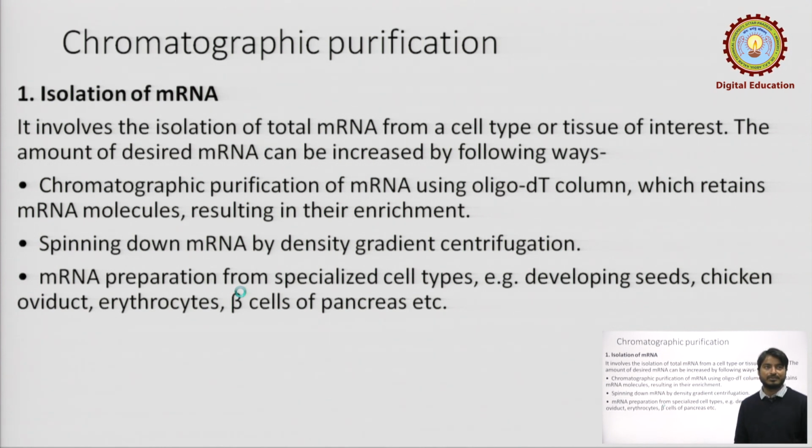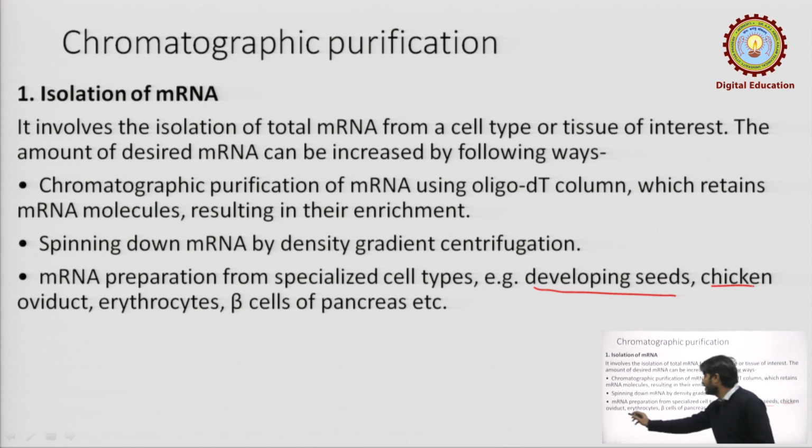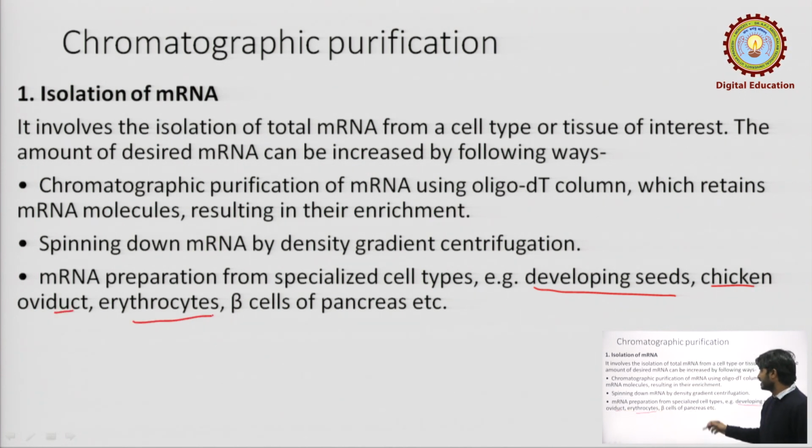First, chromatographic purification of messenger RNA utilizing oligo T, which retains the messenger RNA molecules, resulting in enrichment of the messenger RNA. Second is spinning down the messenger RNA by density gradient centrifugation. Next is messenger RNA preparation from specialized cells like developing seed, chicken oviduct, erythrocytes, and B cells of the pancreas, because these are rich in protein, and what makes protein is the messenger RNA.